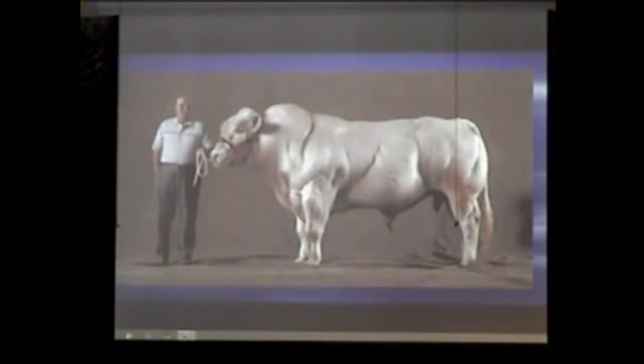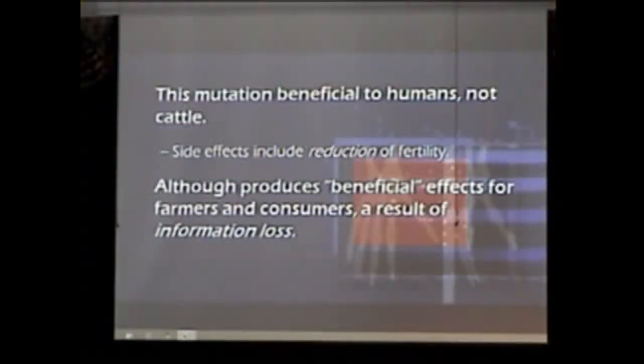And that's what it looks like. Now, this was seen as a beneficial mutation, and it is in a sense, but what causes it? Well, there are side effects, including reduction in fertility, and there are health side effects, and the result of this, or the mutation, is actually information loss.